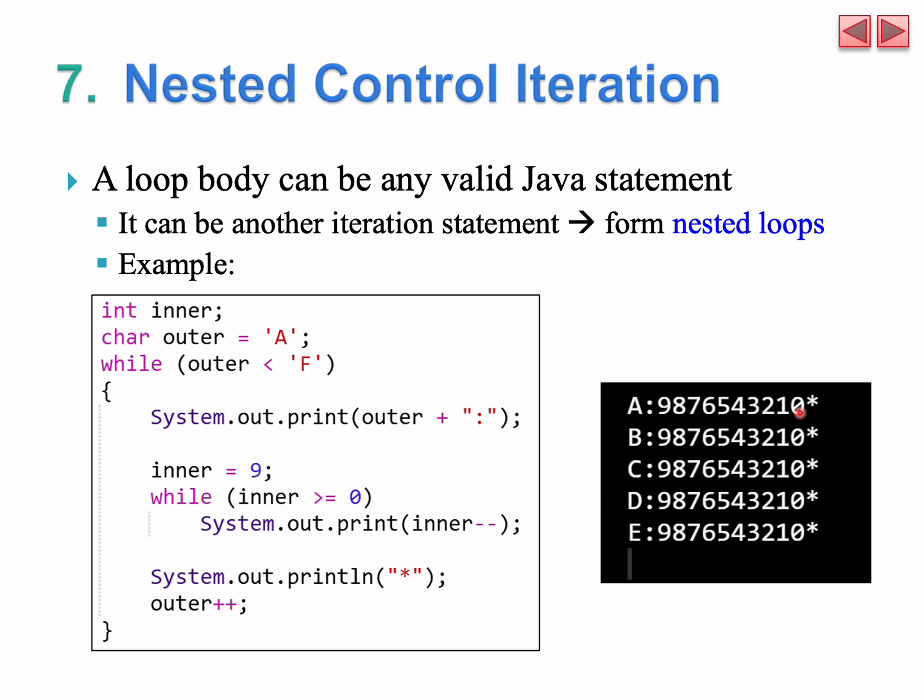Here you can see that it loops through A, B, C, D, E, and for each loop it loops through 9 down to 0. When you write nested loops, it's important to have proper indentations so that the structure of the nested loops can be recognized easily.